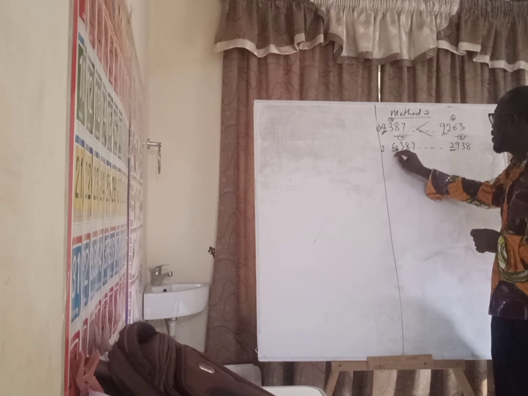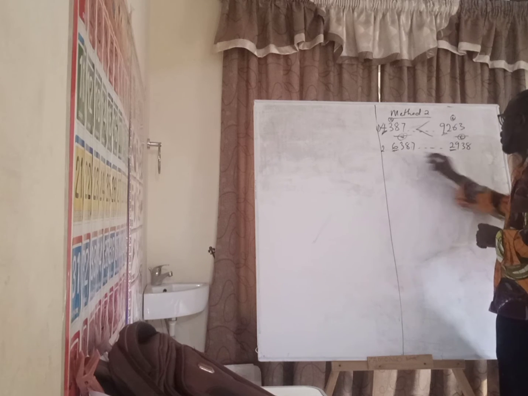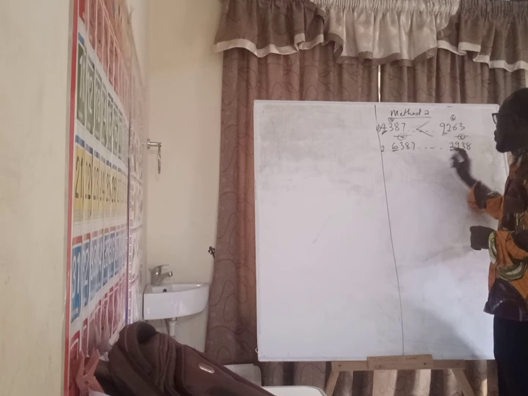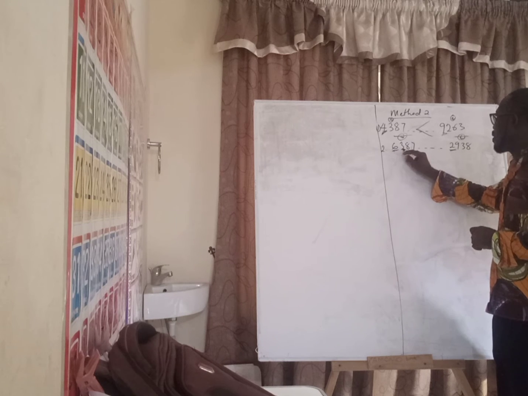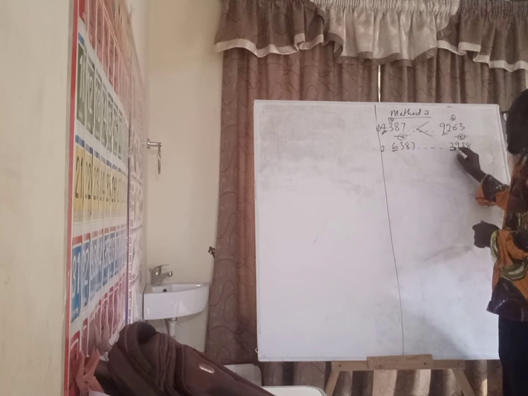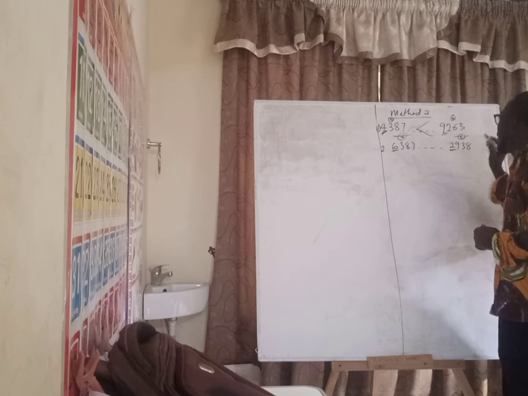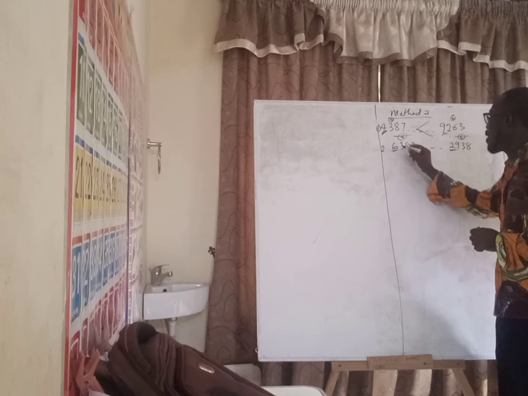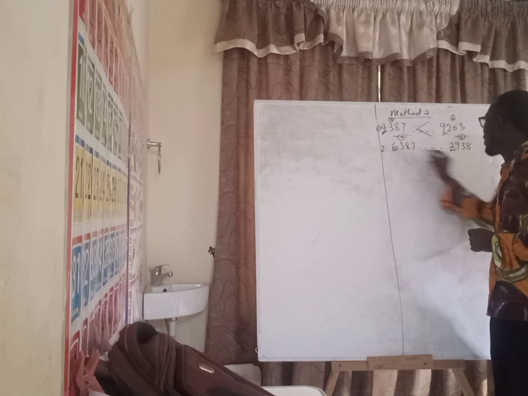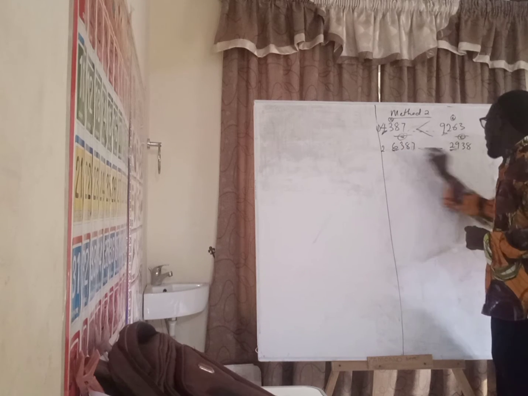So we are comparing 6 and 2. 6,387 and 2,938. So in the second method, we compare the first digit here.